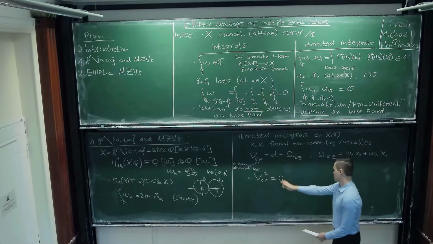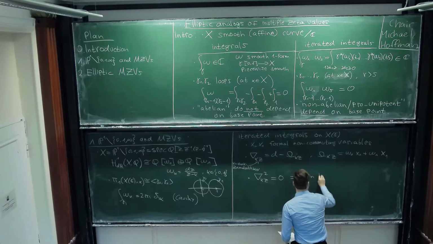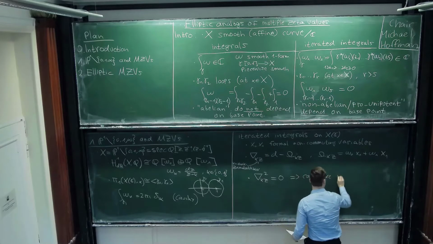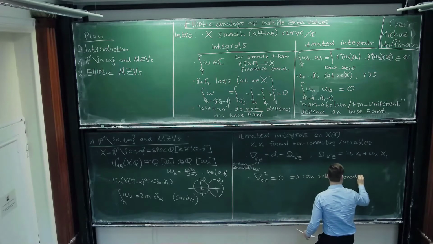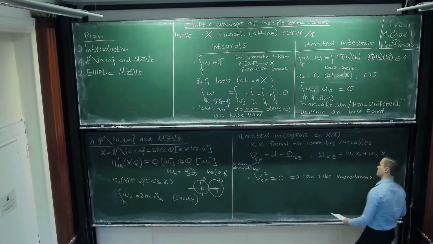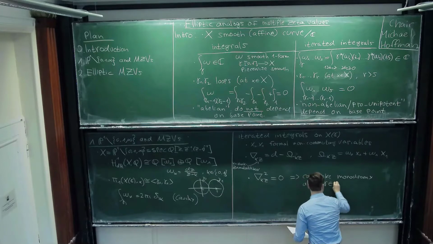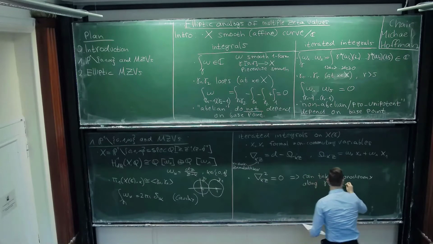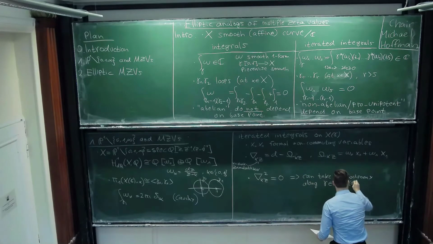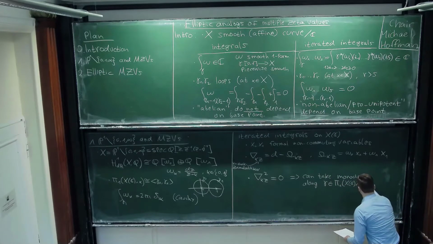And because of that, we can consider the monodromy. Take the monodromy not just along a path, but along a homotopy class of paths. So gamma is now going to be a homotopy class of paths from x to y.